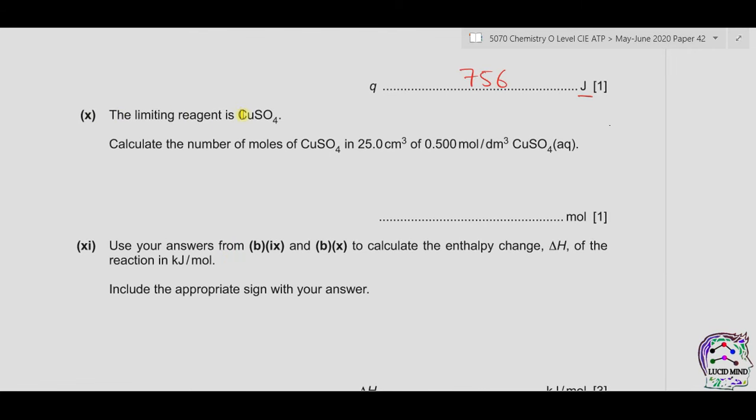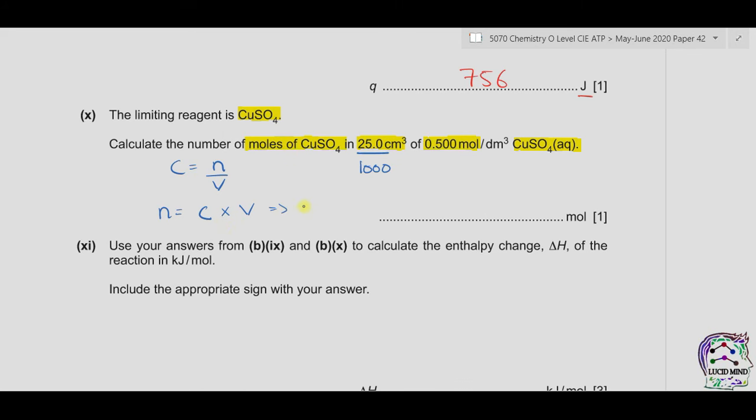Part 10: The limiting reagent is copper sulfate. Calculate the number of moles of copper sulfate in 25 cm cubed of copper sulfate aqueous solution of this concentration. We know the formula of concentration is equal to number of moles divided by volume in decimeter cubed. So the number of moles is equal to concentration in mole per decimeter cubed into volume in decimeter cubed. We change the volume into decimeter cubed by dividing by 1000.